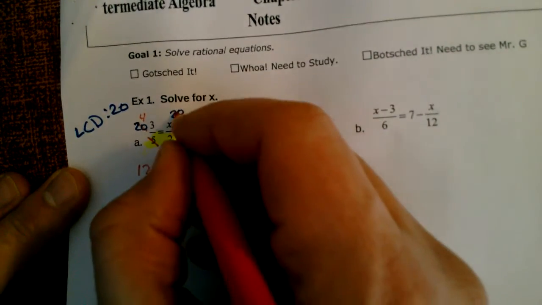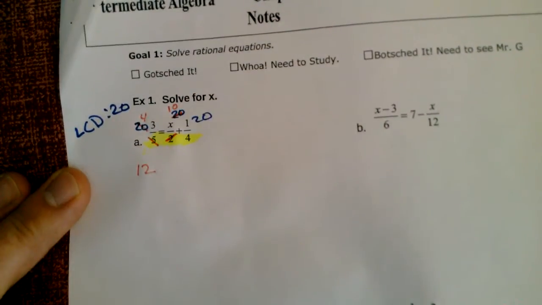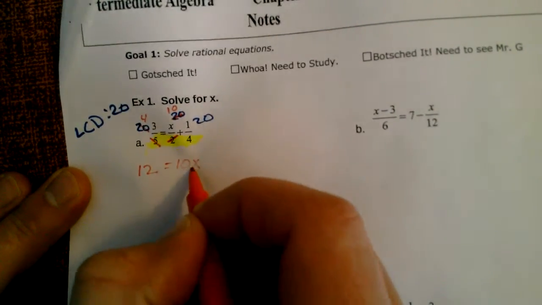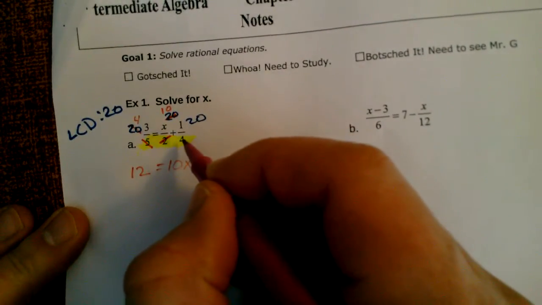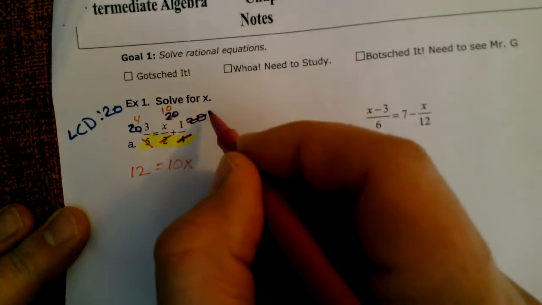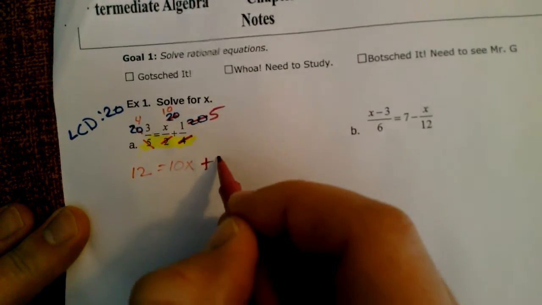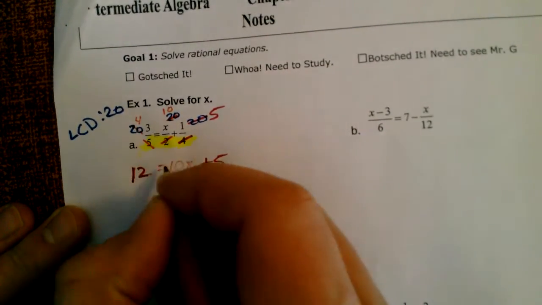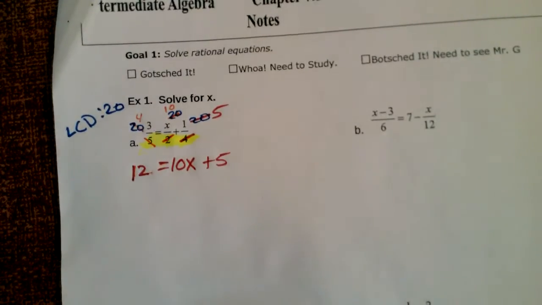I take this 20, I divide by 2. 20 divided by 2 is 10, and 10 times x is 10x. And last but not least, 20 divided by 4 is 5, and 1 times 5 is 5. So I have 12 equals 10x plus 5.